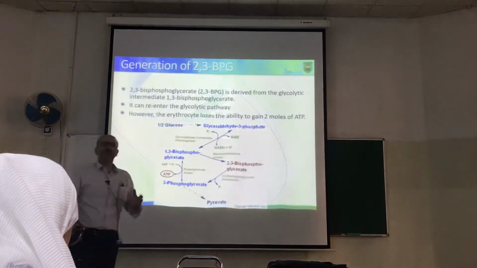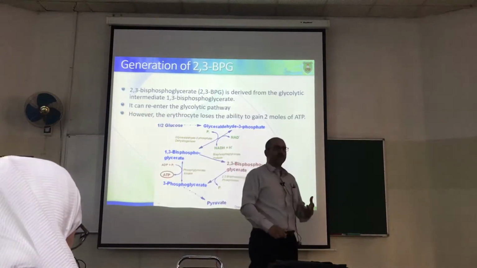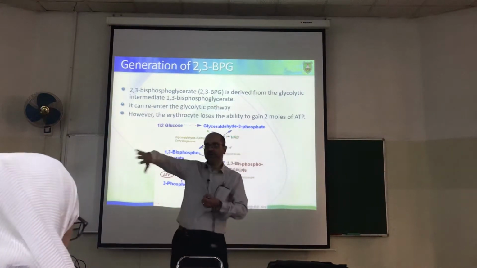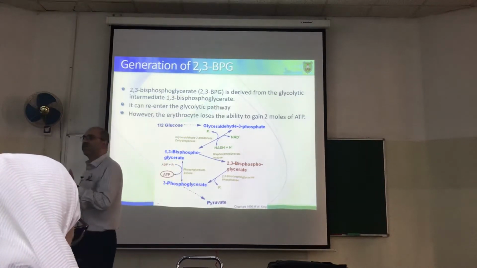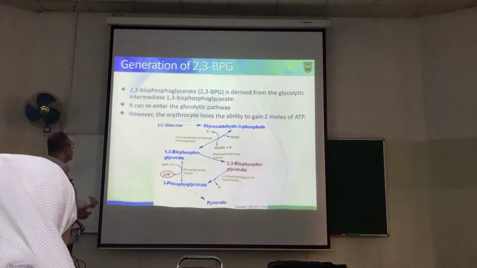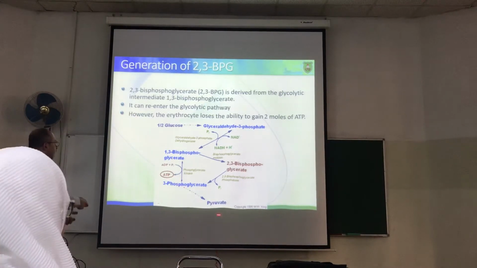So we talked about this before, and we said that 2,3-bisphosphoglycerate is a byproduct, يعني product secondary, ثانوي, فرعي, byproduct of the glycolytic pathway. So what happens is that you have glucose, glycerol, phosphate, etc. 1,3-bisphosphoglycerate. It continues all the way to pyruvate.